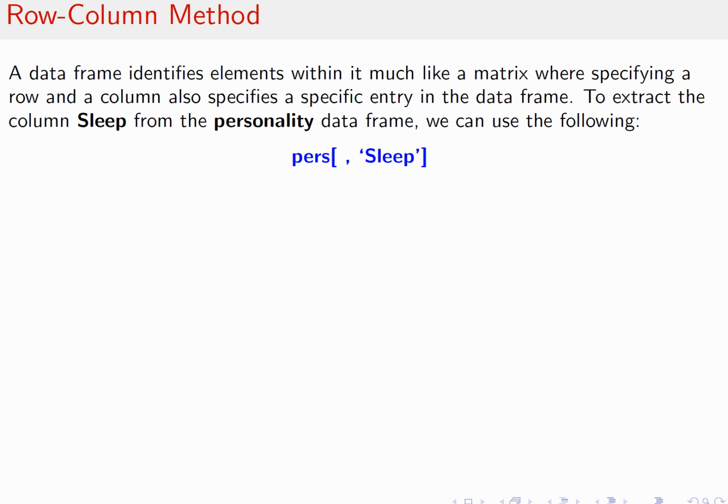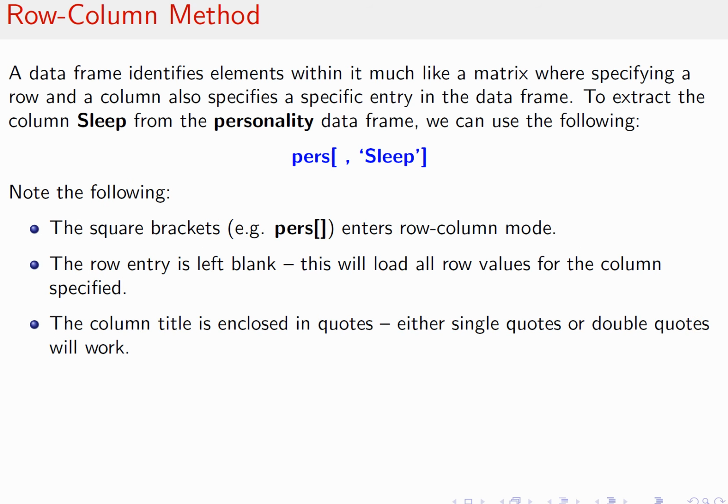And this does the exact same thing. So what's going on here? Okay, so the square brackets immediately enter us into row column mode. And this is very similar to linear algebra, where we identify elements within the matrix by specifying which row and which column it's in. And we do the same thing here.